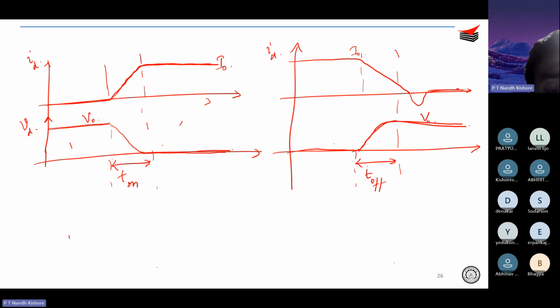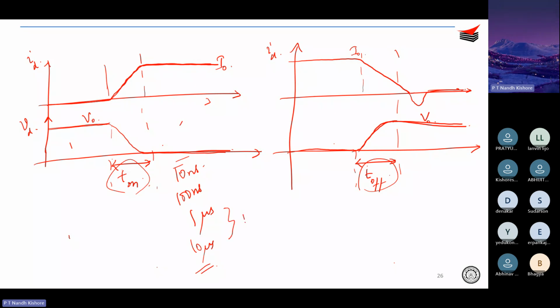Ideally your turn on and turn off times will be 0. However, in a practical switch you will see some T on and some T off. This can be of the order of a few tens of nanoseconds to hundreds of nanoseconds, even microseconds to a few tens of microseconds, depending on the device. For IGBTs, you will see something like this, and this is for MOSFETs.